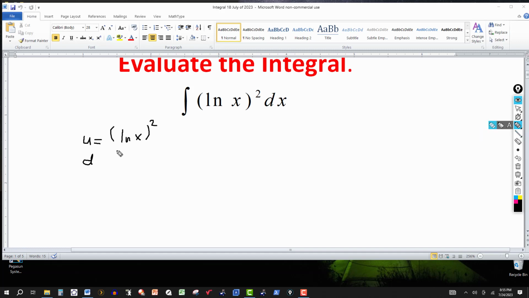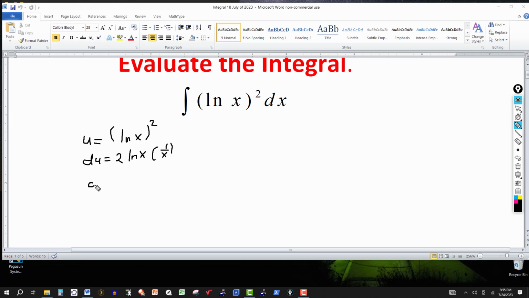And then du will be the derivative of what I have on the right side. So again here, the 2 comes down, and then this will be ln of x. Subtract 1 from the 2, so we just get ln of x. And then using the chain rule, the derivative of ln of x is 1 over x.